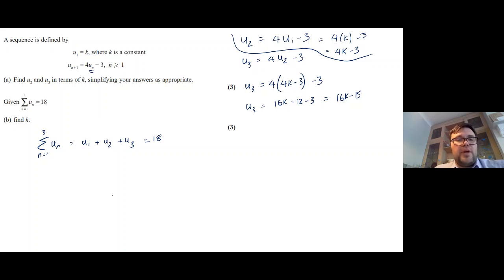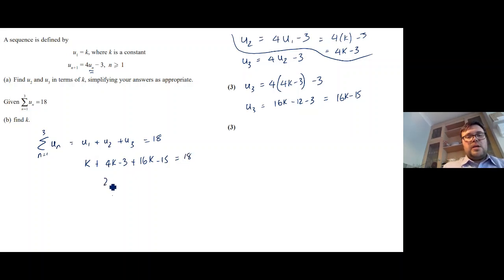From this, find the value of k. Well, we know u1 is k, we know u2 is 4k minus 3, and we know u3 is 16k minus 15. So it's a sum, so we just add them. k plus 4k minus 3 plus 16k minus 15 is equal to 18.